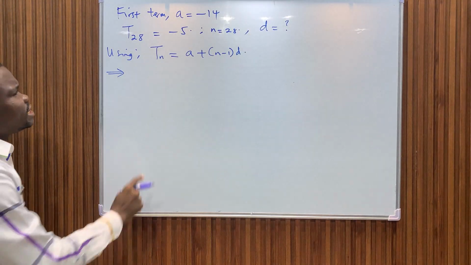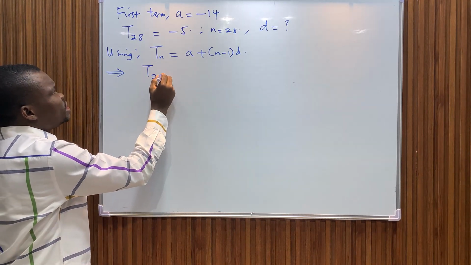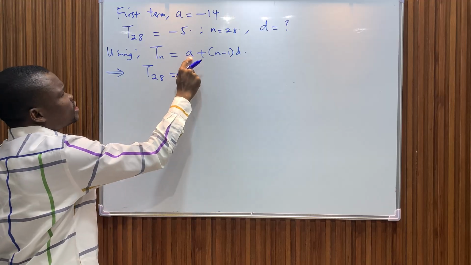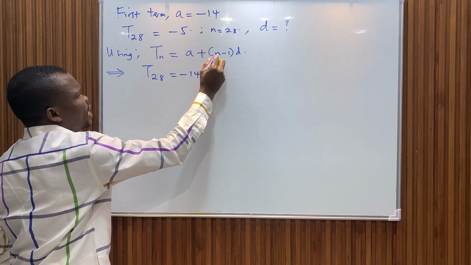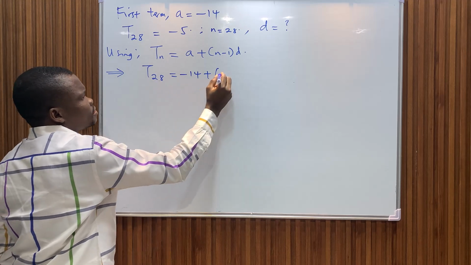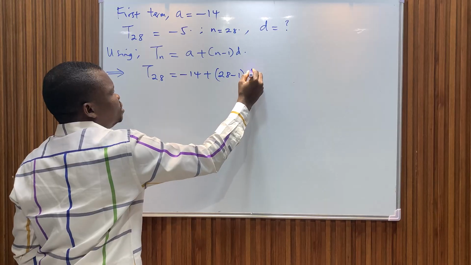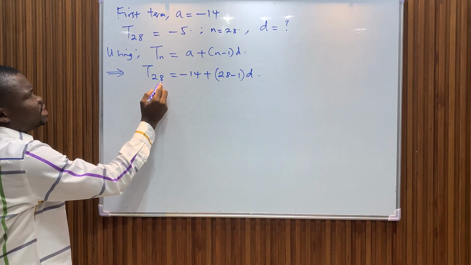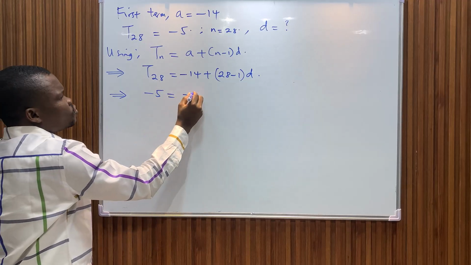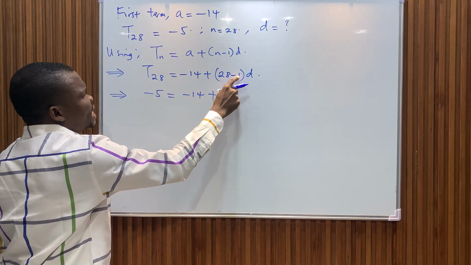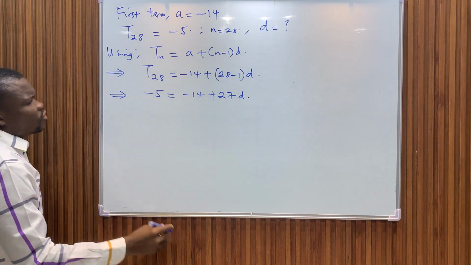So T28 equals A, which is minus 14, plus n, which is 28, minus 1, times d, what we are looking for. T28 is given as minus 5. This implies that minus 5 equals minus 14 plus 28 minus 1, that's 27d.